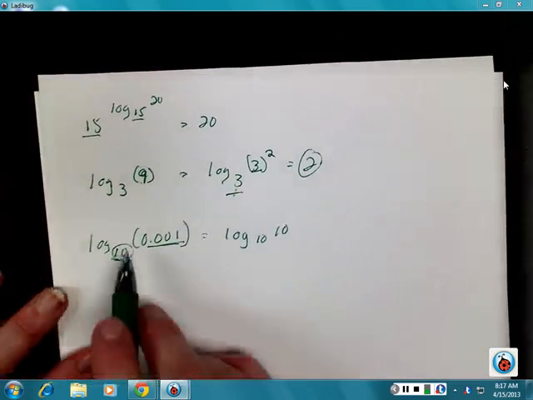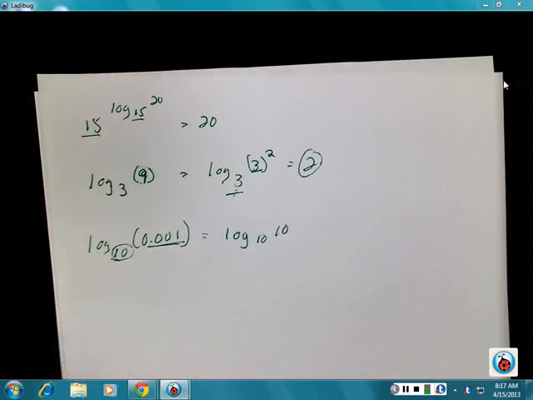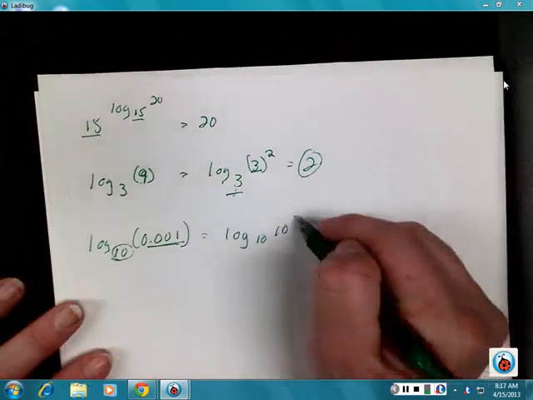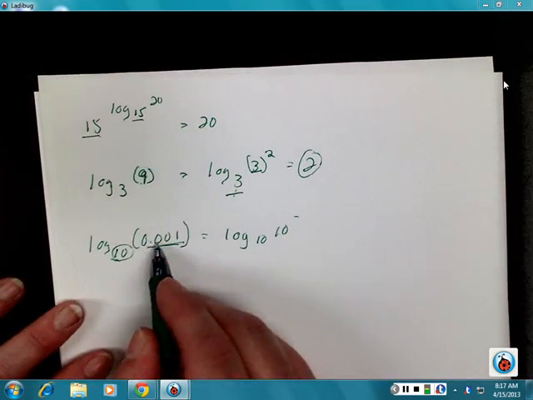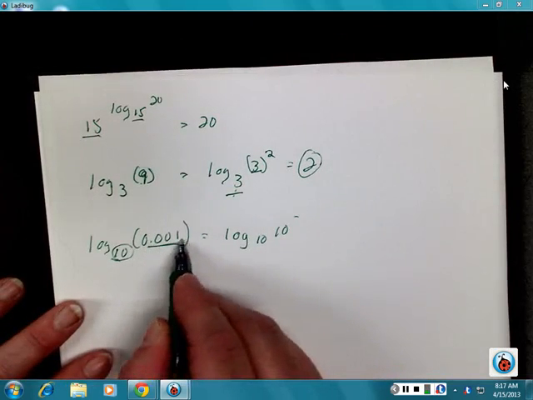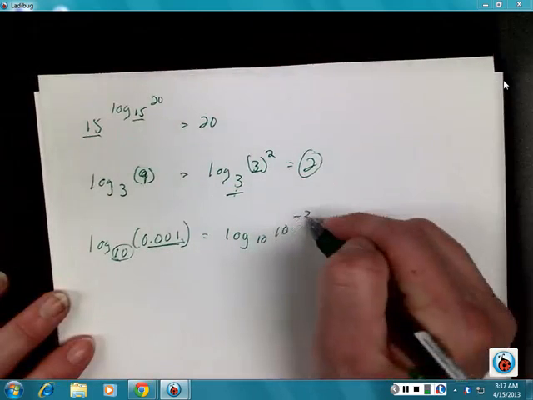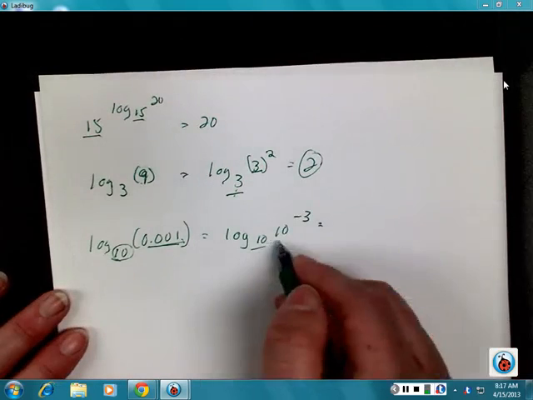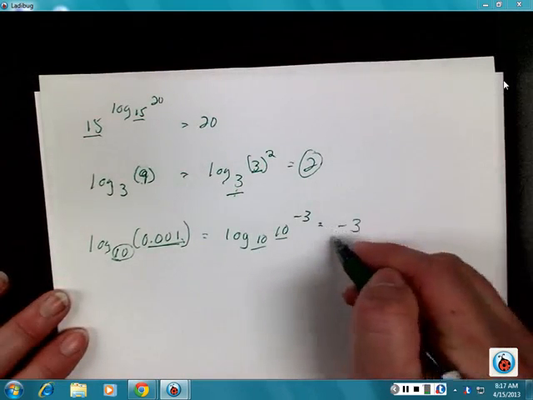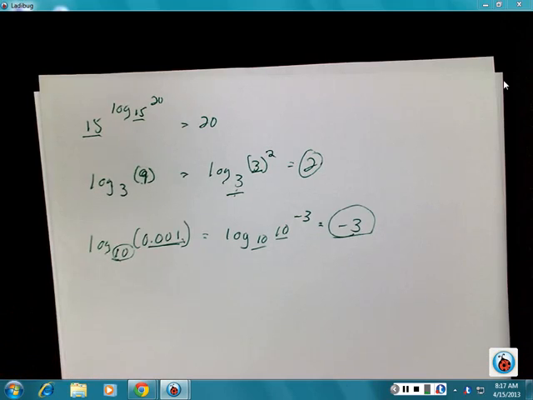Because it's a decimal, I know that it's going to be a negative number. And if I look at my spaces that it's moved over as 1, 2, 3, kind of using what I would with scientific notation, I know I'd have a negative 3 there. And when these two bases match each other, my answer comes out to be negative 3 is what that log happens to be equal to, because again, it's got a negative 3 that's connected with it.